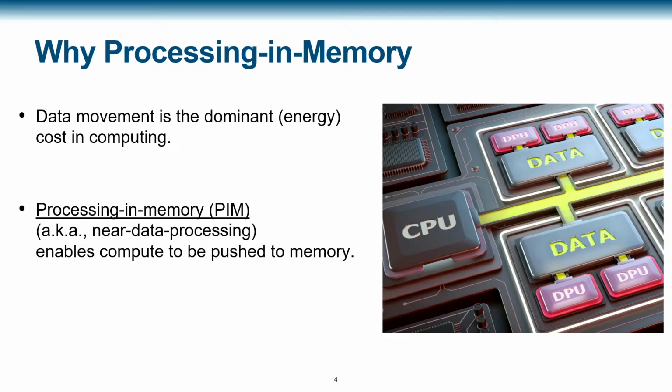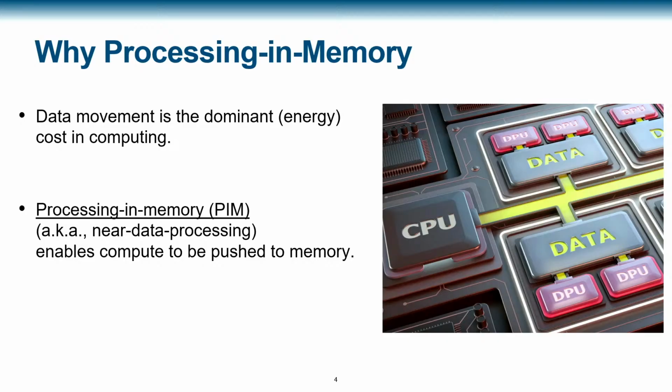I've removed the slides I would normally use to get us up to speed on processing in memory, because presumably most everyone here has seen it. But the bottom line is that moving data is really expensive, in terms of energy costs if nothing else.